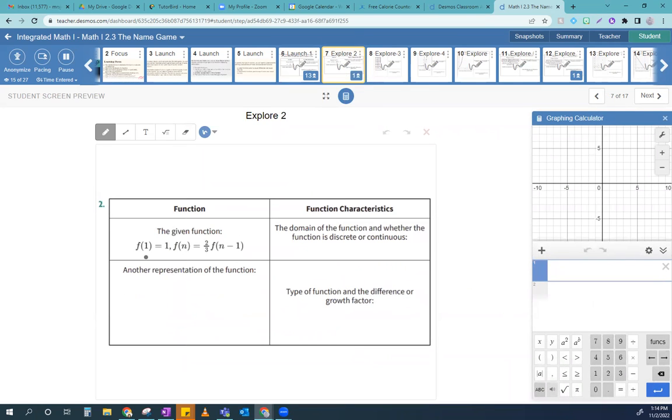So this one says, given the function f of 1 equals 1 and f of n equals 2/3 of f of n minus 1. Anybody recognize this guy?